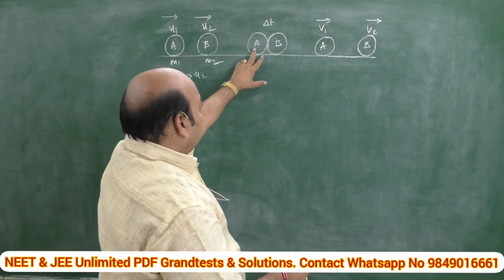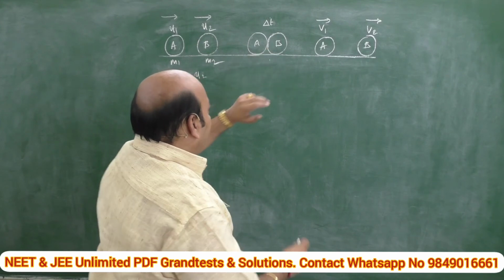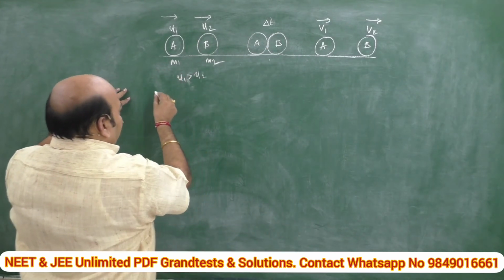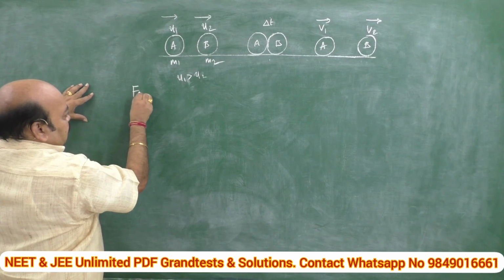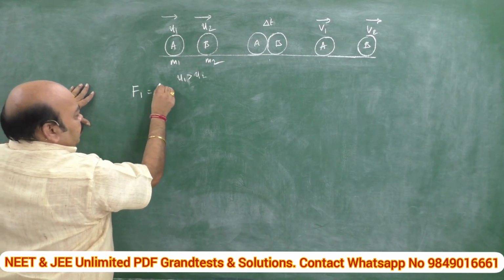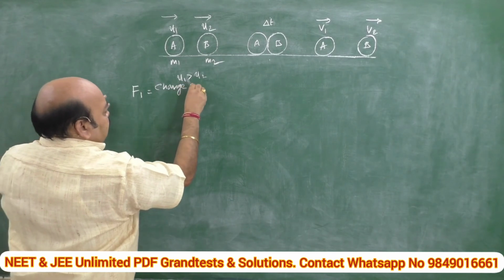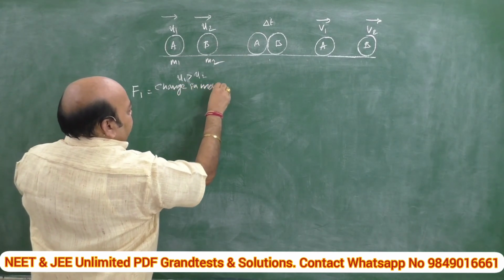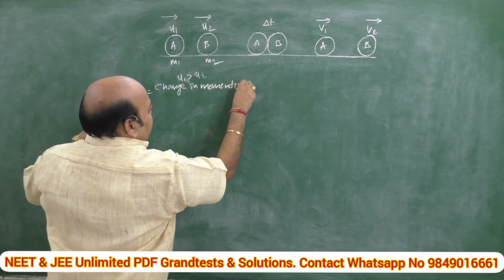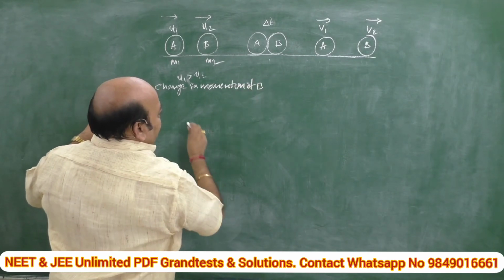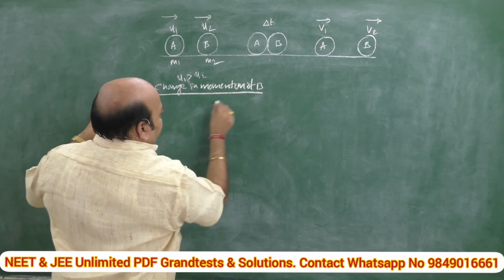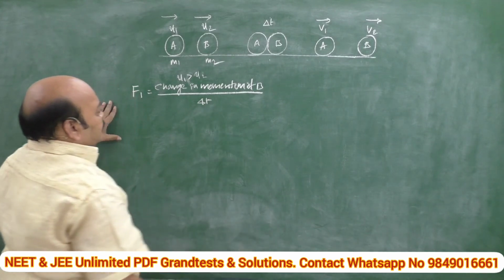What is the force acted by A on B? I am taking it as force F1. F1 is nothing but change in momentum of B by the rate of time. What is the time? That is delta t.